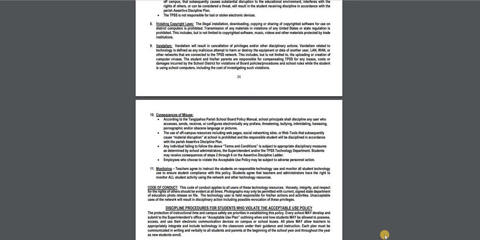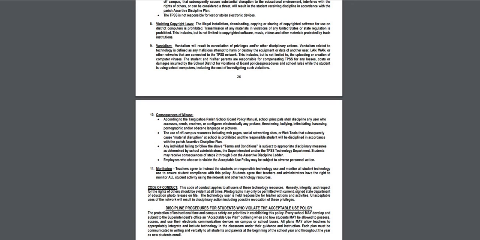So, consequences of misuse. According to the Tangipahoa Parish School Board Policy Manual, school principals shall discipline any user who accesses, sends, receives, or configures electronically any profane, threatening, bullying, intimidating, harassing, pornographic, or other obscene language or pictures.